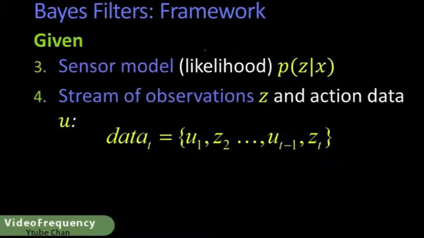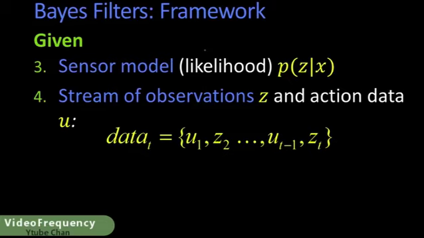That's the likelihood. And then finally, we're given the stream of observations, the z's, so z_1 through z_{t-1}, or through z_t. And also, we know the actions, so we know the action data u_1 through u_{t-1}. So those are the four things that we have.